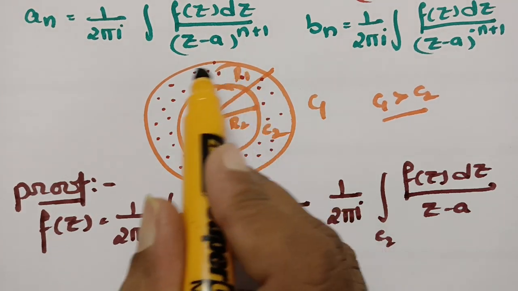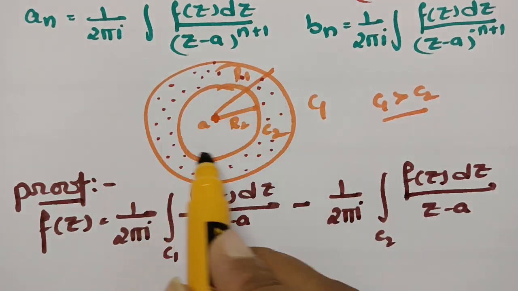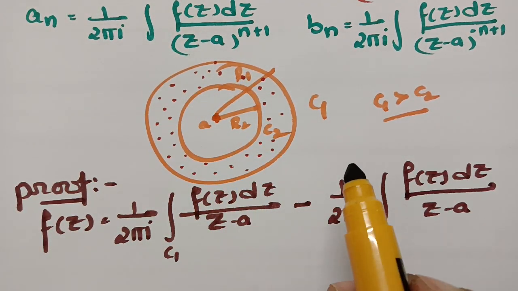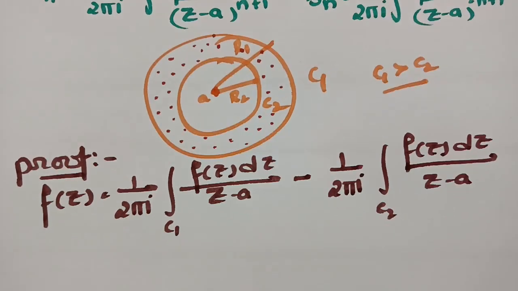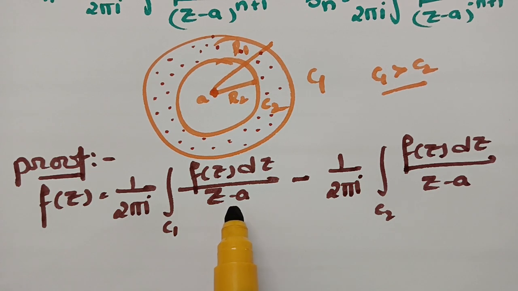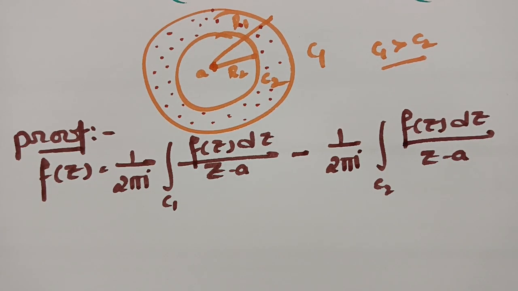Here the point z lies in the ring-shaped region. We get the ring-shaped region by subtracting C1 minus C2. Generally this is Cauchy's integral formula, and in order to get the ring-shaped region where z lies, f(z) is equal to the integral over C1 minus C2. Now let's get started to solve this.